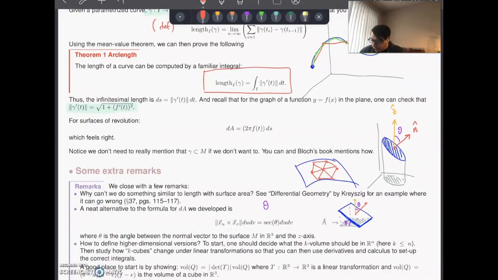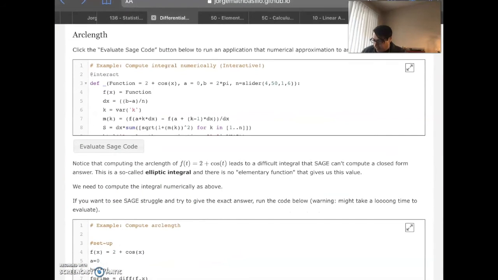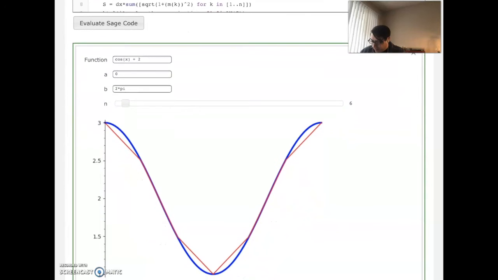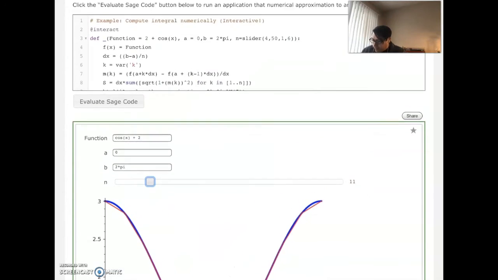Alright, you've probably seen this before, but I like doing little demos. Here was that 2 plus cosine of x, and if you try to compute the arc length, you'll run into the same trouble as computing the surface area. You're going to get an elliptic integral. If you're interested, you can look at the code.